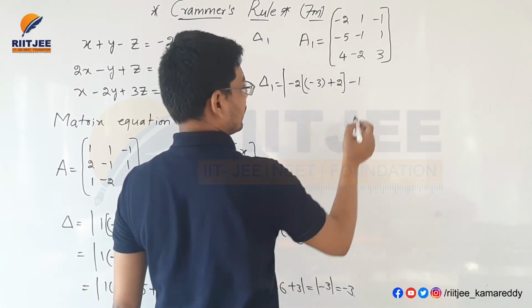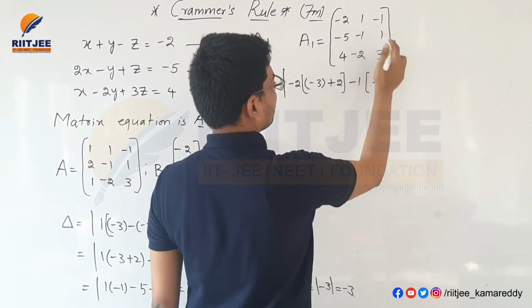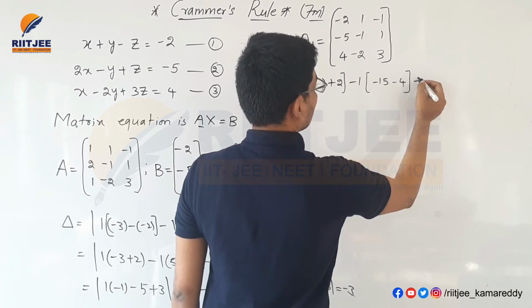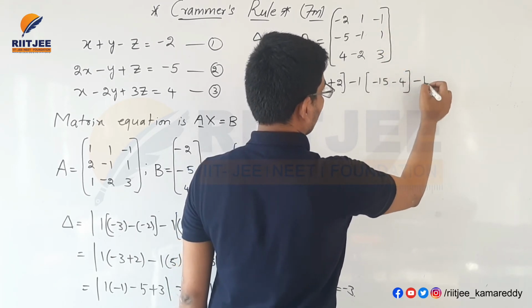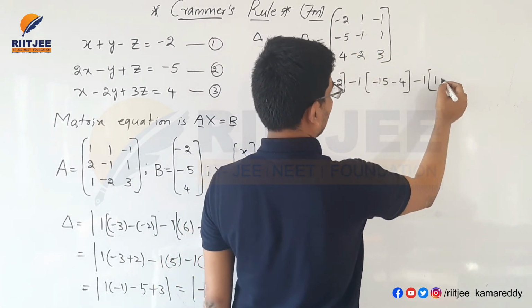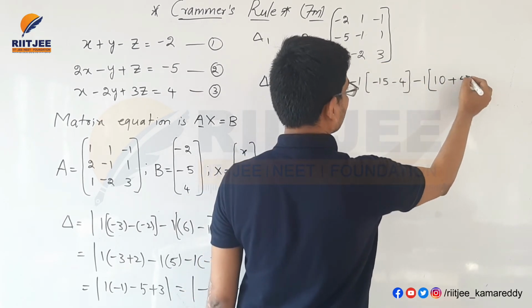Next, -1 into -5 into 3, -15, 4 into 1, -4 here. Next, plus into minus become minus here, -1 into 5 into 2, -5 -2, that will become +10, minus into minus become 1 into 4, +4.